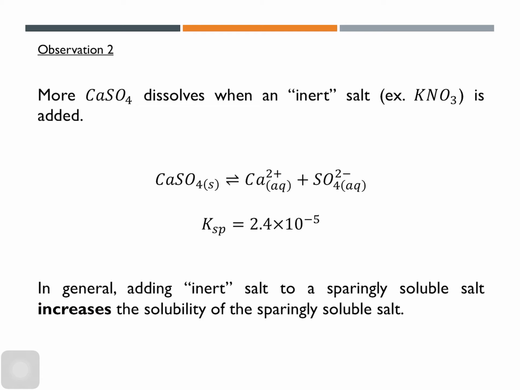There's no potassium here, there's no nitrate ions here, so potassium nitrate is an inert salt or a diverse ion. That is one thing that puzzled our scientists before. They wanted to know why, and they came up with this answer.